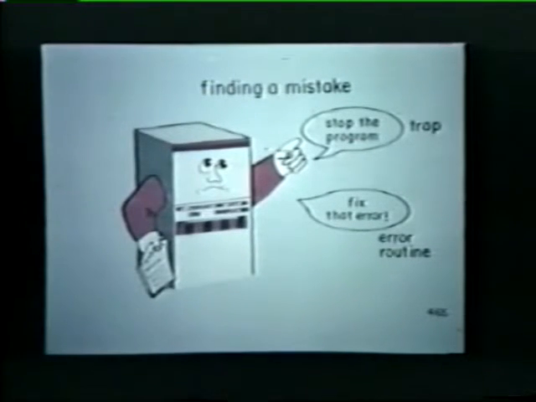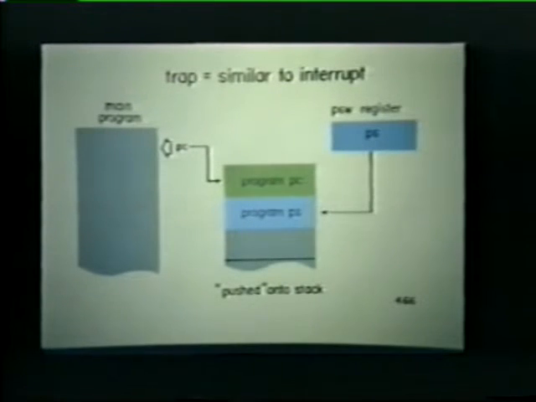When the CPU detects certain predetermined error conditions, it first causes the program to stop by issuing a trap, and then tells the program to jump to an error handling routine to fix the error. Thus, errors found by internal hardware cause a trap to an error routine. A trap is similar to an interrupt, except that it is initiated by the CPU rather than an external device.